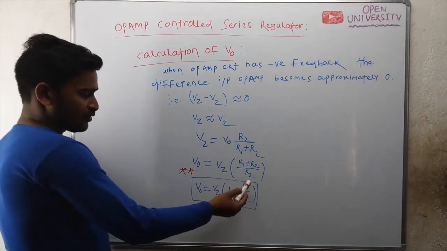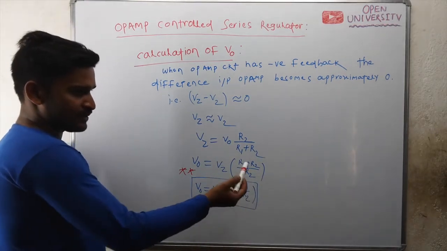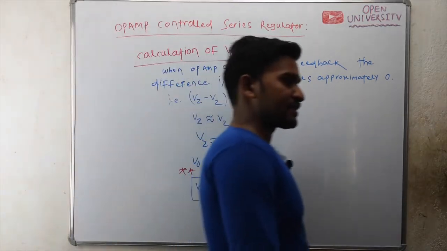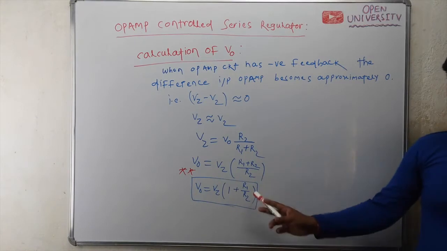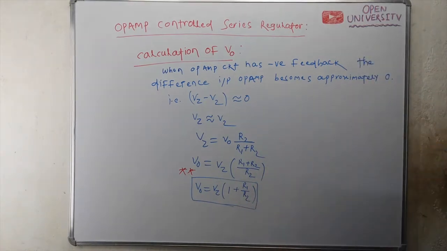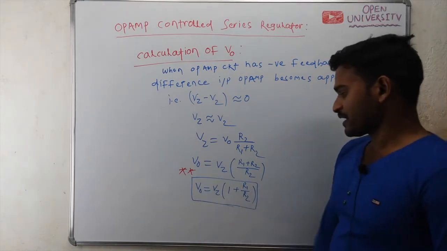In place of R1 or R2, if you place a variable resistance, then the output voltage can be varied.